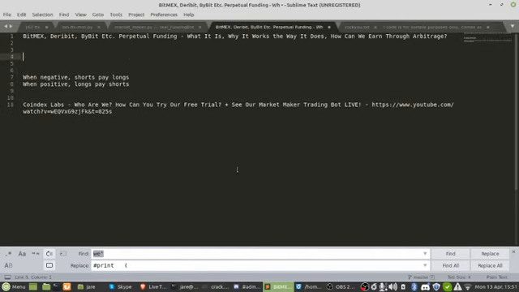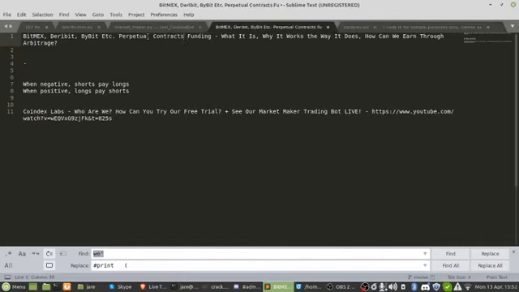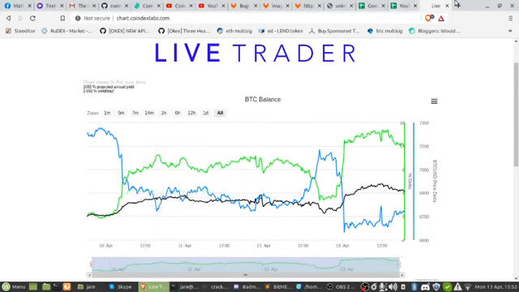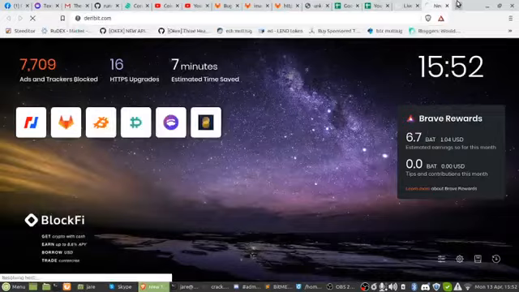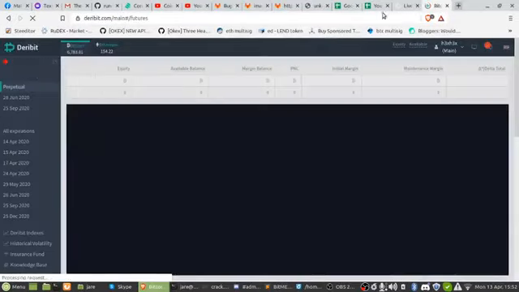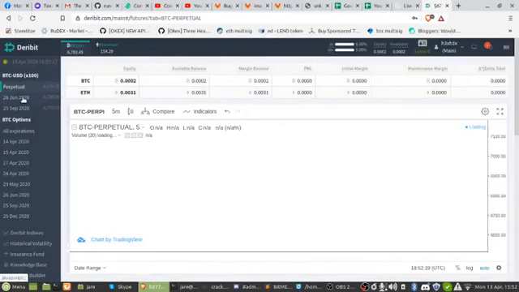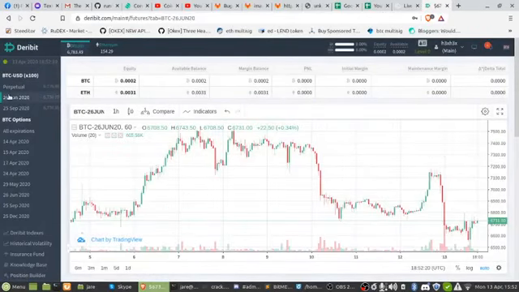So today we're going to look at perpetual funding and perpetual contracts on BitMEX, Deribit, Bybit and all these other exchanges: what they are, why they work the way they do, and how we can earn through arbitrage. So what is a perpetual contract? If we take a look at Deribit, we see some contracts that are basically like traditional financial instruments, which expire in the future.